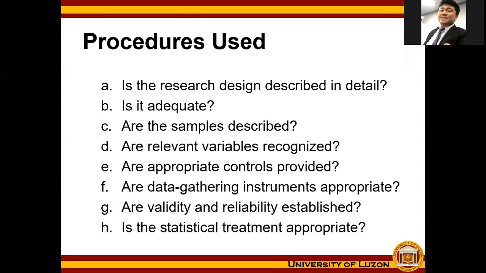And is the statistical treatment appropriate? Okay. So if we are talking about correlation, then we will need to determine whether the data sets are normally distributed, or what the types of scales of data are that are generated in the study.